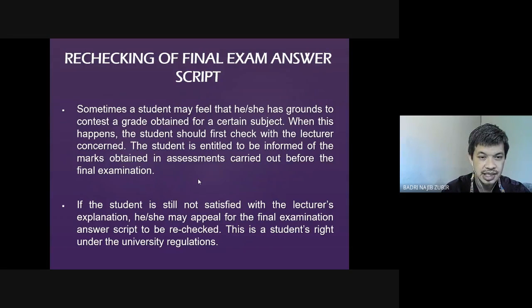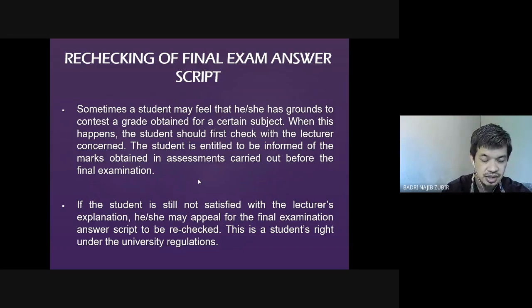Now, if the new examiners give you, instead of 26, 30, then 45 plus 30 is 75. So 75 is already A minus. In this situation, your new grade will be A minus instead of B or B plus.